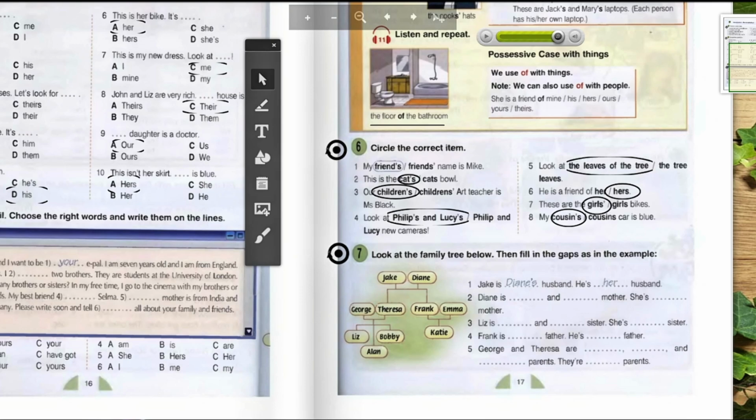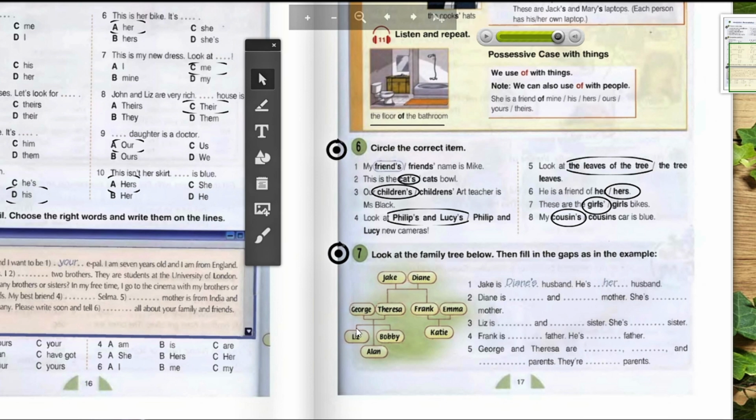Next one, look at the family tree below. This one, Jake and Diana, George, Teresa, Frank, Emma, Liz, Bobby, Katie, and Alan. Then fill in the gaps in the example. Jake is Diana's husband. He is her husband. They have two children, Teresa and Frank. Diana is Teresa's and Frank's mother. She is their mother.